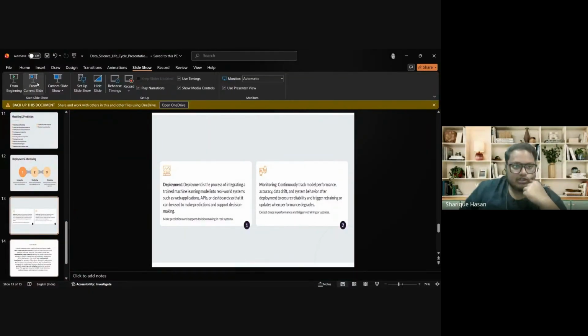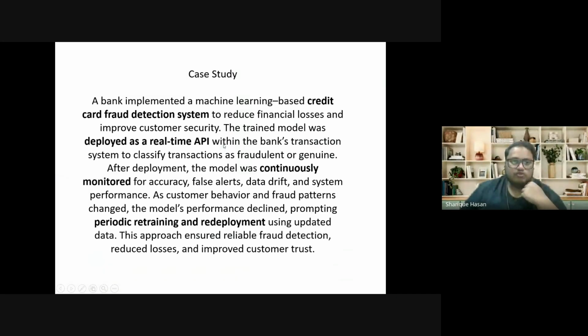Okay, Divya. So I will just continue with the slides. We have only two or three slides left. This slide is completed, and I will move to the case study. Let me read it first. A bank implemented a machine learning based credit card fraud detection system to reduce financial losses and improve customer security.